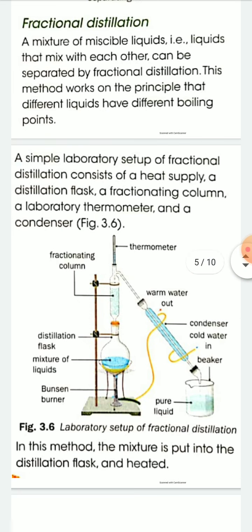Now the next method is fractional distillation. Using this method, you can separate the mixture of two miscible liquids, that is, liquids that mix with each other.